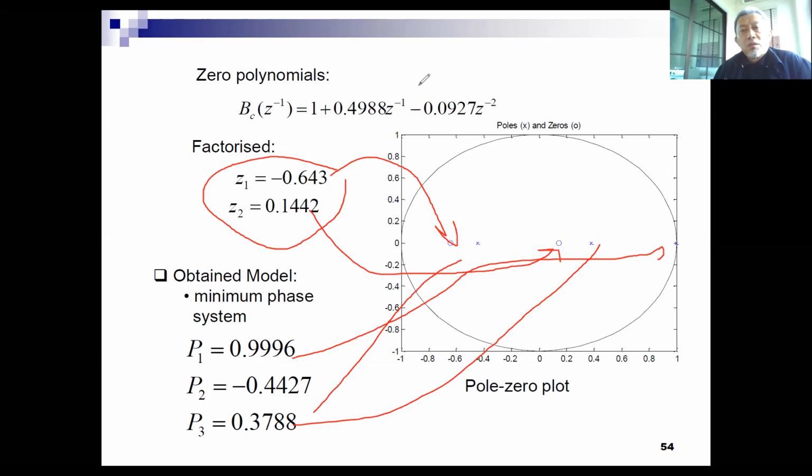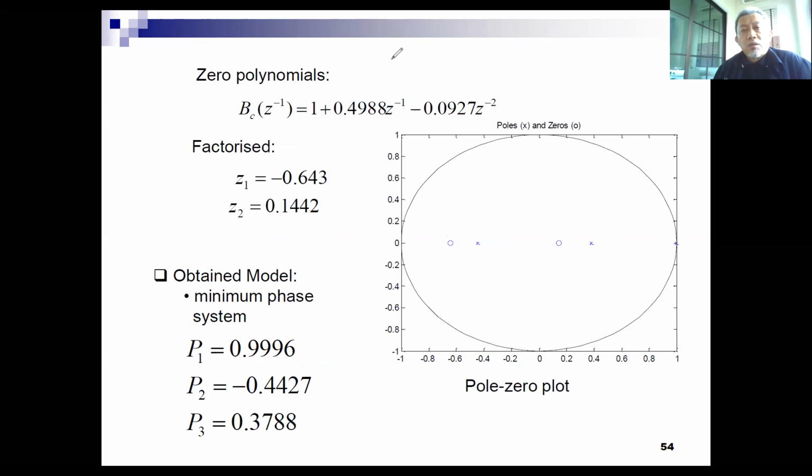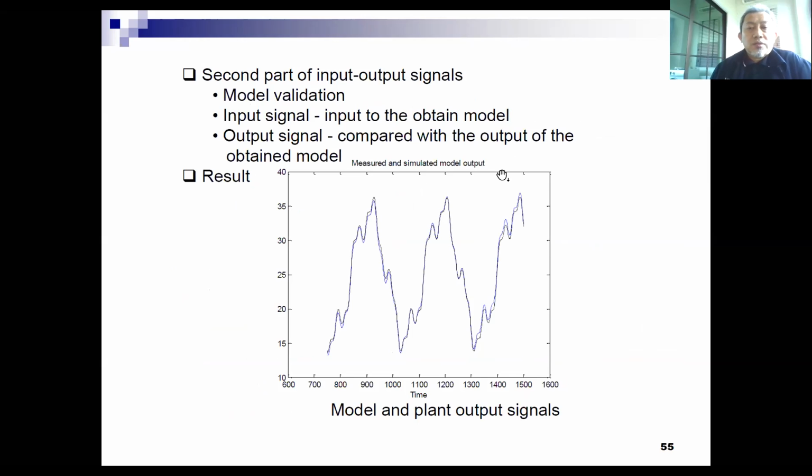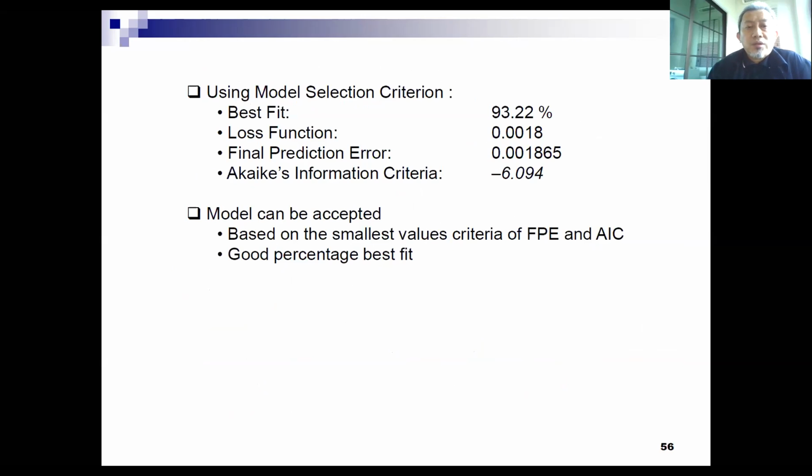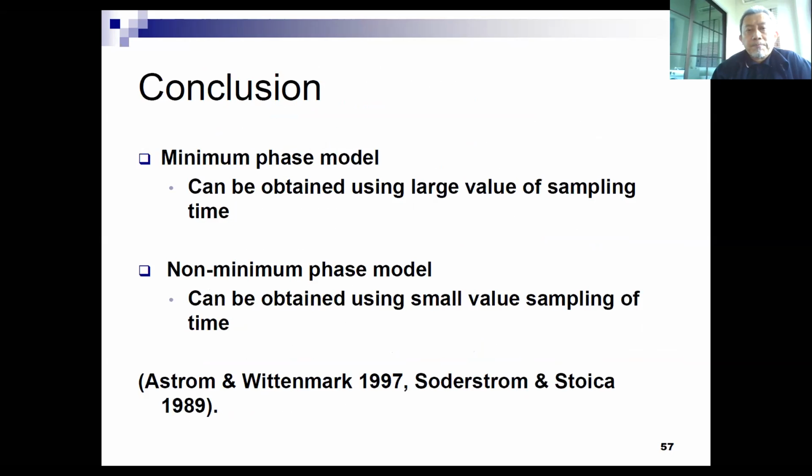So the system is stable and a minimum phase model. The model output is shown here with the best fit of 93%, loss function 0, FPE 0, and AIC is 0 below, which is negative, and is accepted.